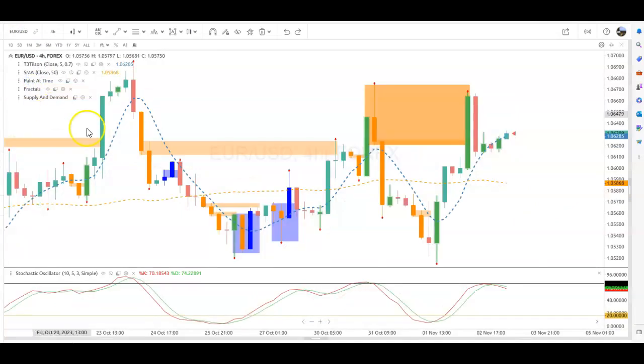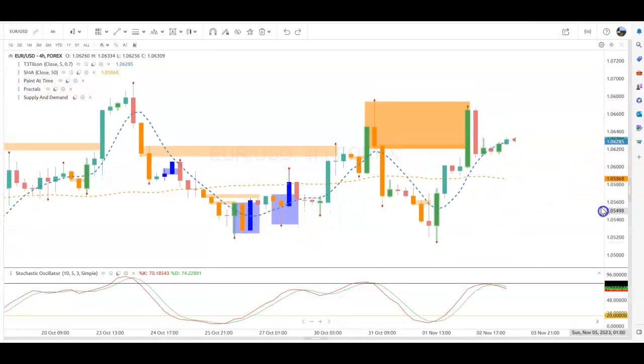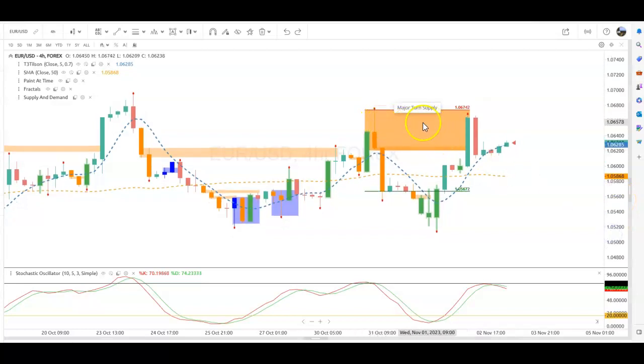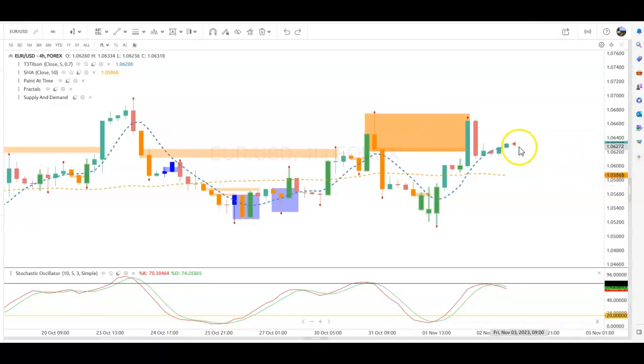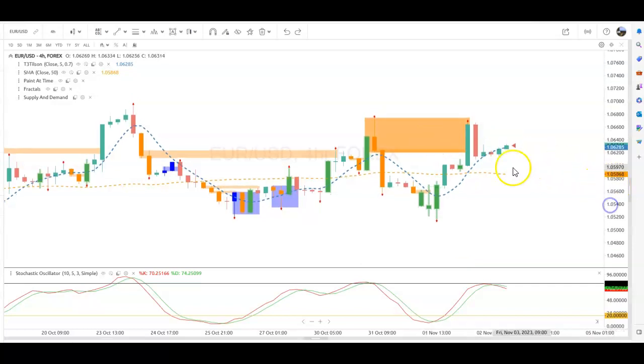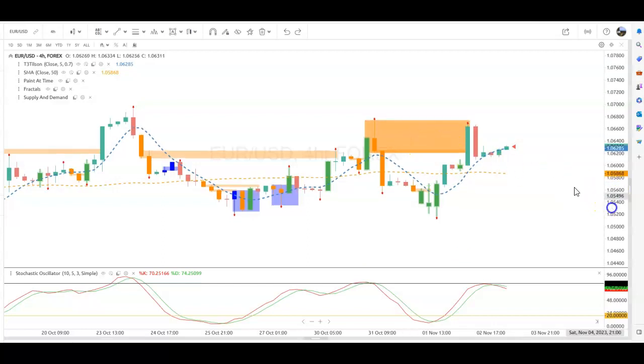Let's look at the euro dollar. Same thing. The euro dollar is in an uptrend, but the only thing I see is strong resistance, and this is a major turn supply zone. So I'm not certain that I would buy this currency at this time, because it's hitting a strong resistance.